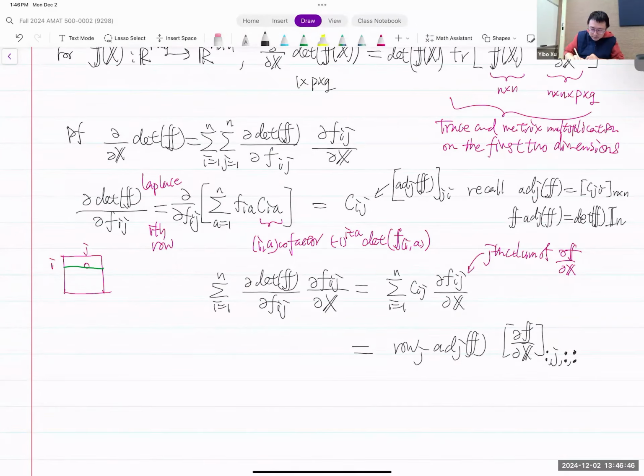So this is the aggregate of F times the tensor. Now I'm taking the jth row, jth column element.